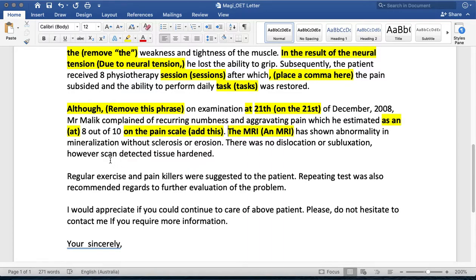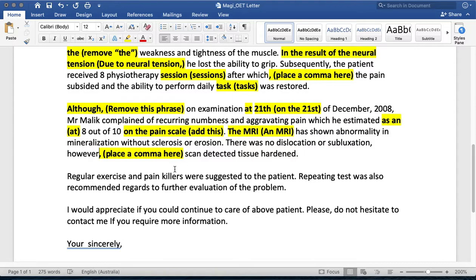However, scan detected tissue hardened. Okay. So you should have used what? A comma here. So place a comma here. Remember that after every connecting phrase, you need to use a comma.